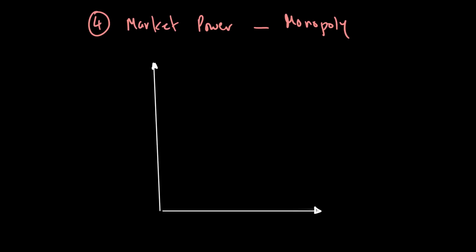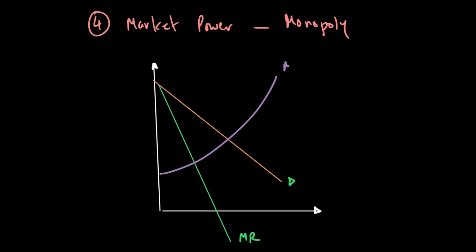The diagram that we draw is that the demand curve is downward sloping. Your marginal revenue is below that, and your marginal cost is upward sloping.